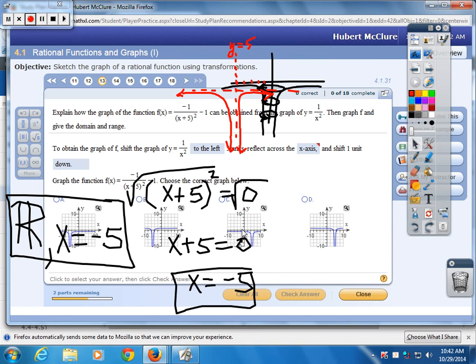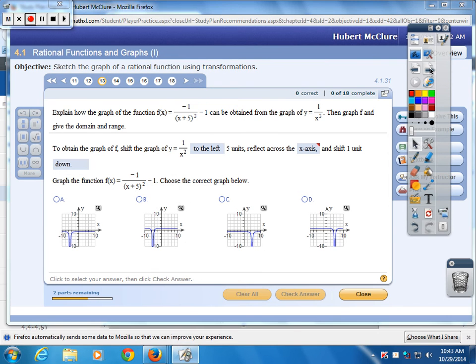No, that's convergence. Oh, wait a minute. Hold on. I think I see what you're talking about. To obtain the graph of f, shift the graph. Oh, that's what you're saying, isn't it?